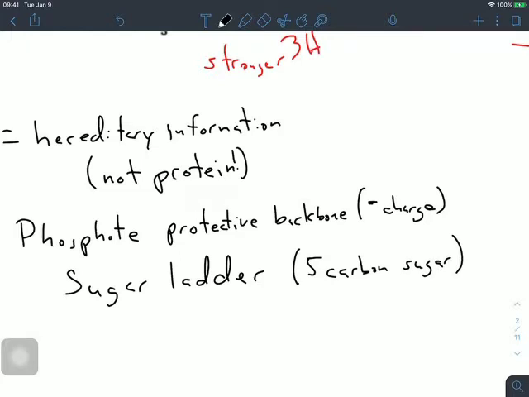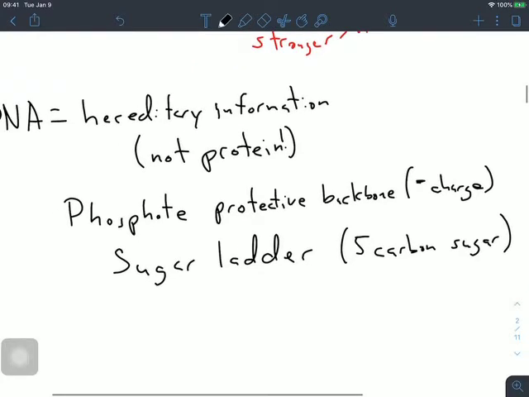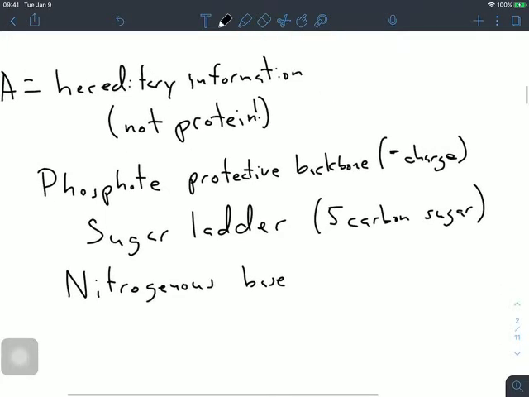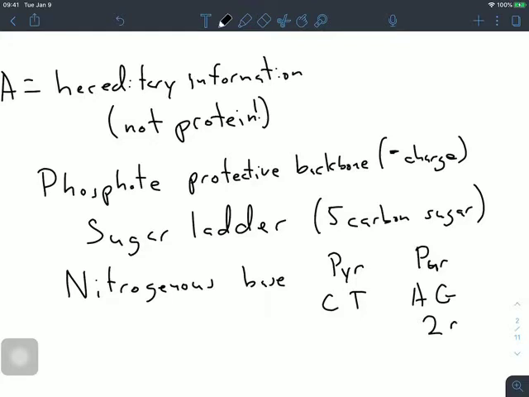Now, in between these ladders and the protective backbone, you have nucleotides, these nitrogenous bases. The nitrogenous bases are either pyrimidines, like cytosine and thymine, or purines, like adenine and guanine. Purines, pure as gold, have 2 rings in their structure, whereas pyrimidines have 1 ring.